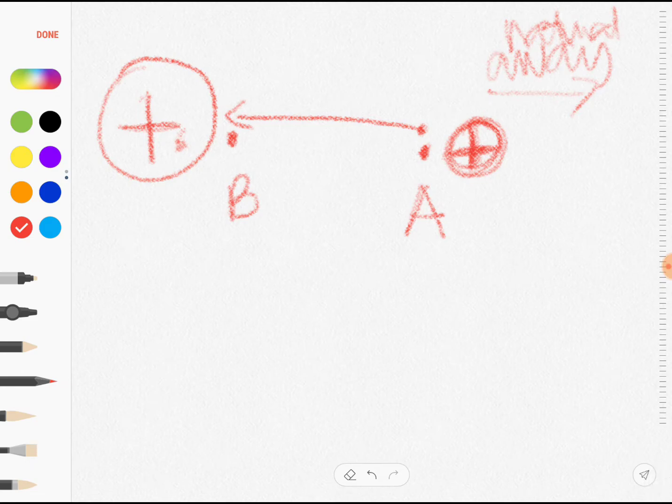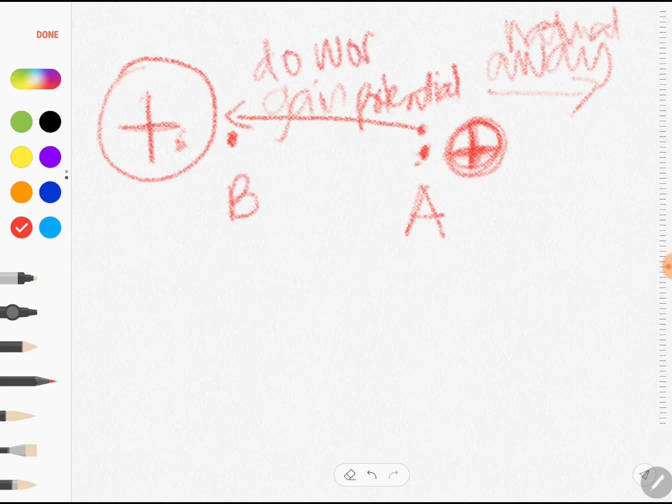It will gain potential. Why? Because in order for this positive charge to move from position A to position B, we need to do work on it. And when we do work on it, we are transferring the energy to this positive test charge.